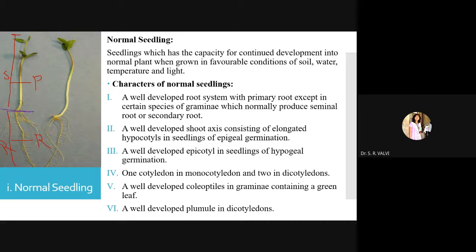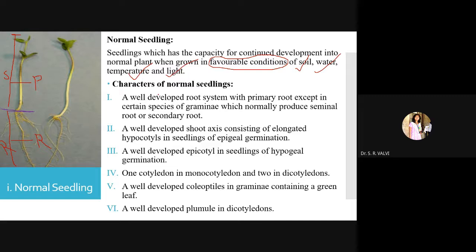In a normal condition, we call the seedling a normal seedling, right? To have the normal seedling, we must have favorable conditions of soil, water, temperature and light. All these conditions we must have, right?